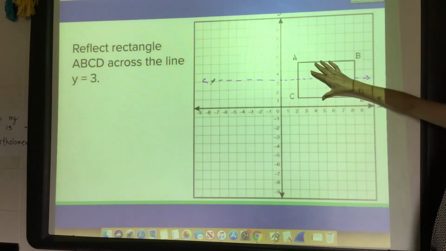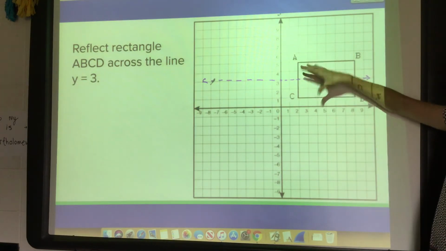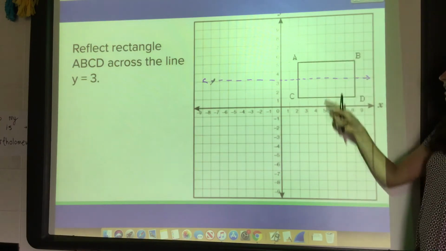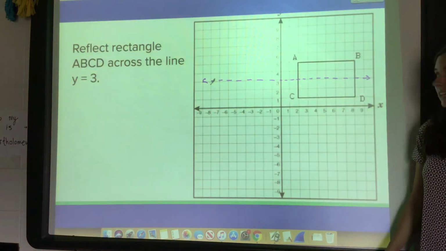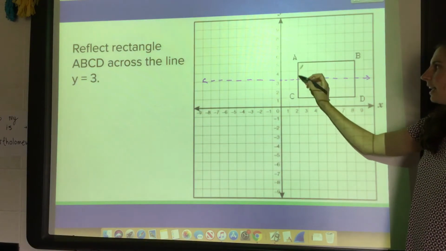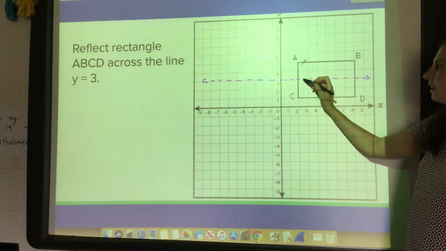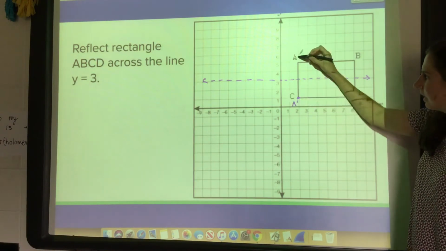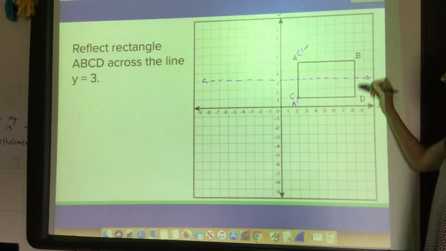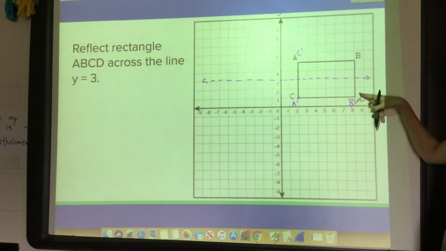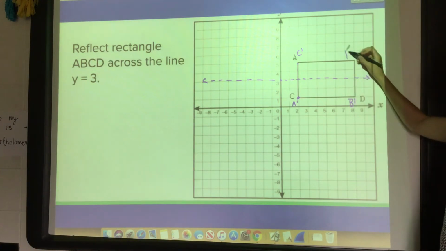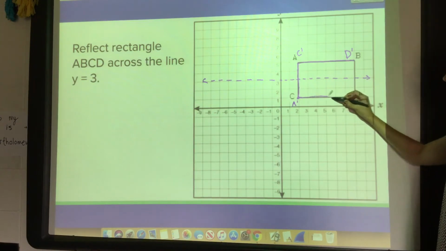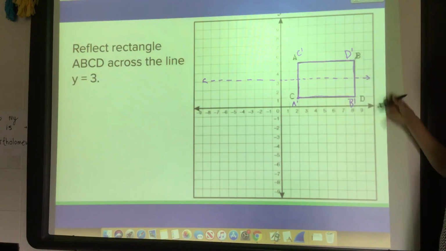If I were to pick up this rectangle and flip it over that line, or if I were to take this paper and fold it across that line, I would actually just get the same rectangle, because point A is 2 units from the line. If I go 2 units this way, I land on C. So that's A prime, and C prime would be over here. And B prime would be down here if we flipped it, and D prime would be up here. So I actually just get the same rectangle on this one, because the axis of symmetry went right down the middle.